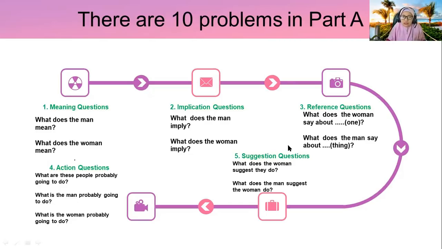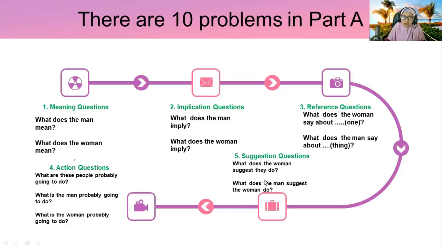And then the fifth problem. Problem yang kelima, suggestion questions. So it needs to suggest someone. I believe you are familiar with the words suggest or advise. So the speaker will ask, what does the woman suggest they do after the conversation? And what does the man suggest the woman or the man do?